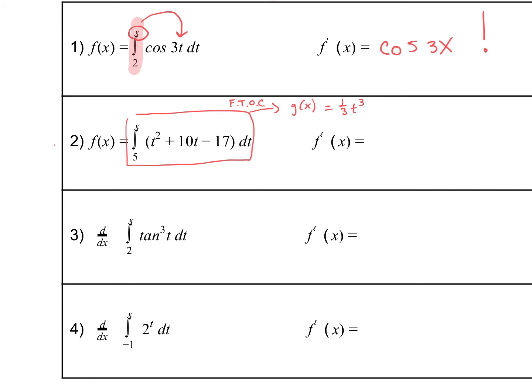The antiderivative of 10t is 5t squared. Remember, if I take 10t to the second over 2, that's how I get 5t squared. We keep going. The antiderivative of negative 17 is negative 17t. All right, so that's the first step for the fundamental theorem of calculus, from 5 to x.